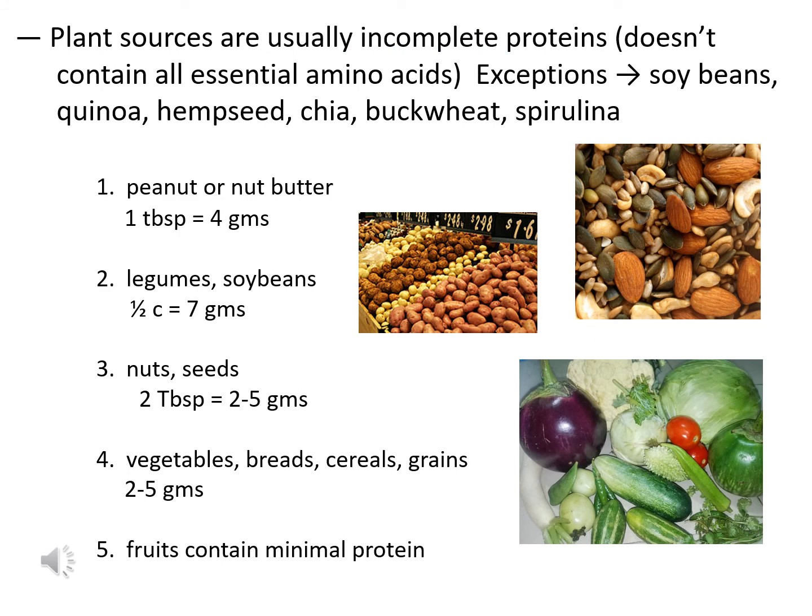Plant sources are usually incomplete proteins, meaning that they don't provide all of the essential amino acids. However, there are some exceptions. Soybeans, quinoa, hemp seed, chia, buckwheat, and spirulina do contain all of the essential amino acids.